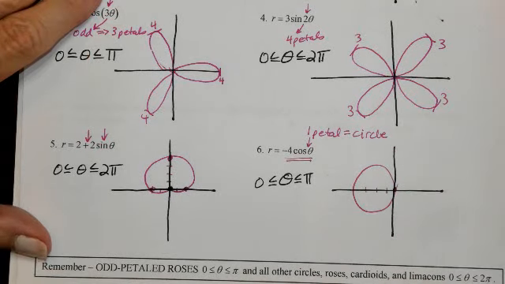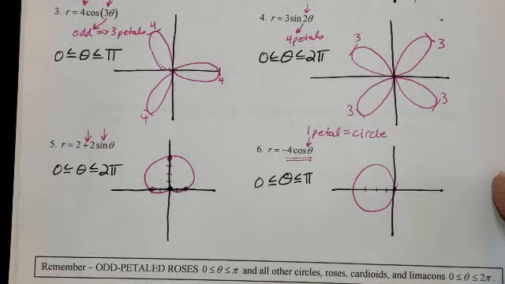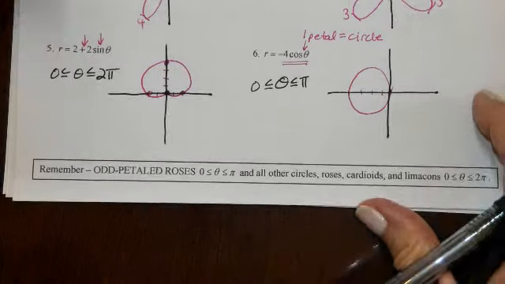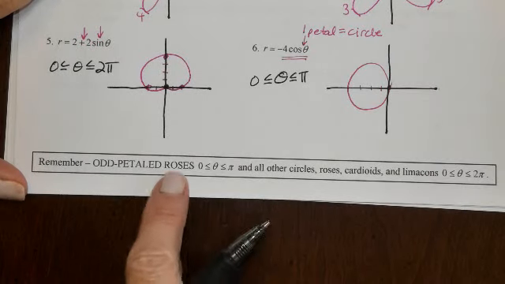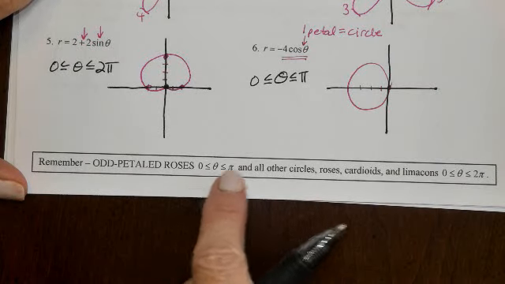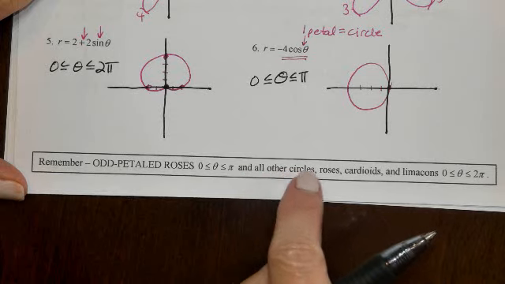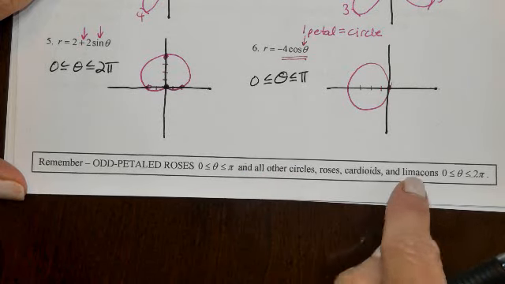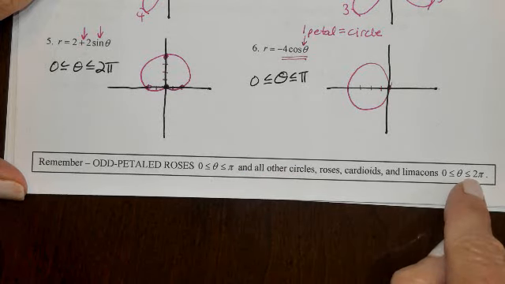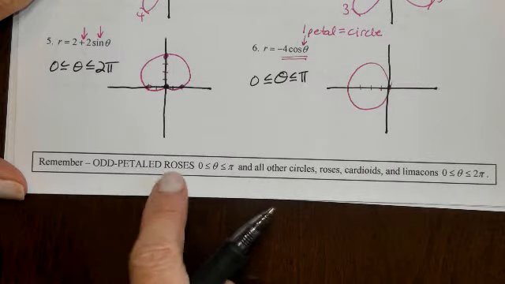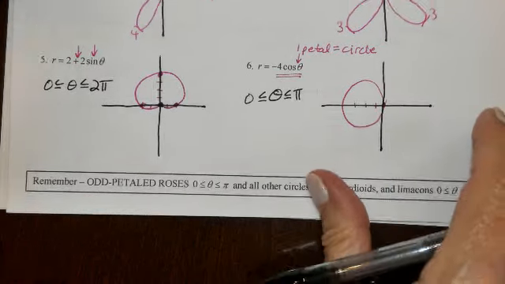And you can test that on your calculator to confirm that. Okay, so here's what we found out. Odd-petaled roses, 0 to pi. All other circles, roses, cardioids, limacons, 0 to 2 pi. Odd-petaled roses, 0 to pi. That's what I want you to know. Okay? All right.